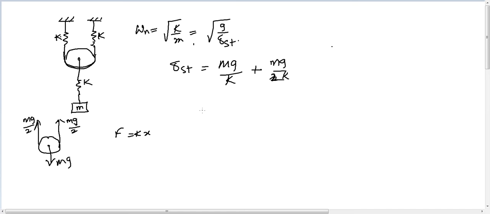So this is nothing but 3 by 2 times mg by K.